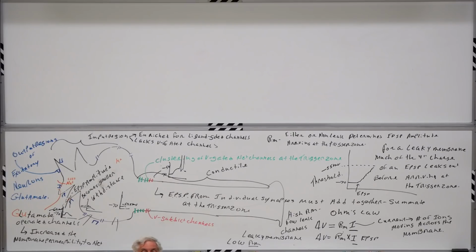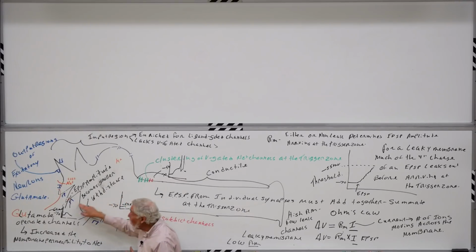So let's review what it's going to take to bring the membrane potential to threshold at the trigger zone. This is simply providing sufficient positive charge that we get into the neighborhood of minus 55 millivolts. The way we supply enough positive charge at this site to depolarize the membrane potential to minus 55 millivolts is to have these excitatory potentials add together or summate at the trigger zone.